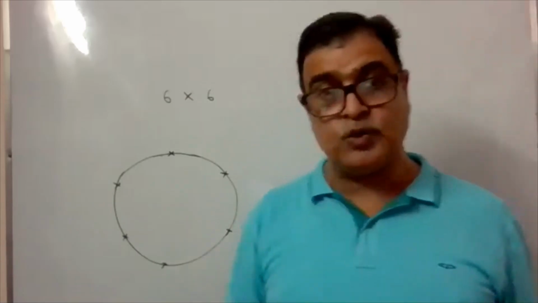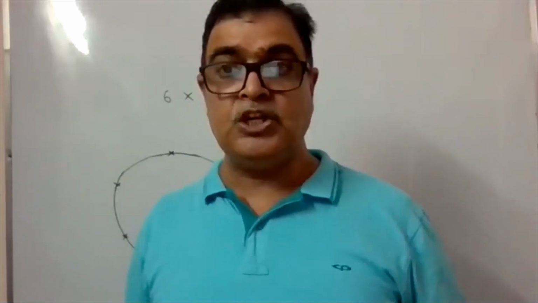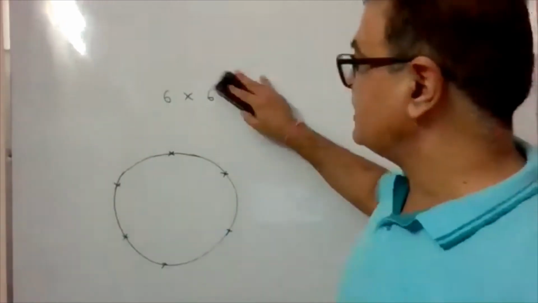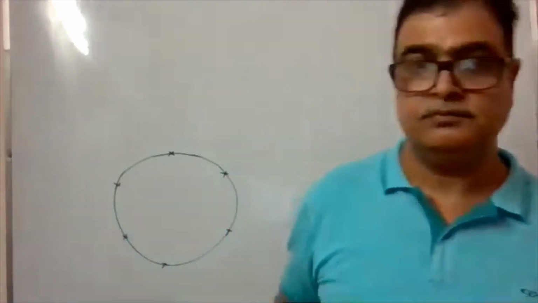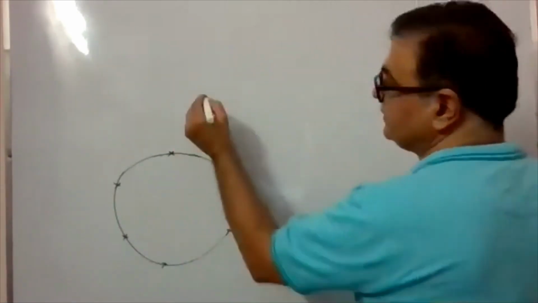But by the way, if the question comes that whatever door he enters, he should not come out by the same door, then how many options are there? 6 into 5, 30. Then he will be having 6 options to get inside.